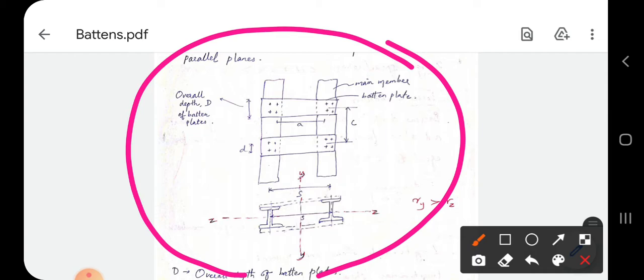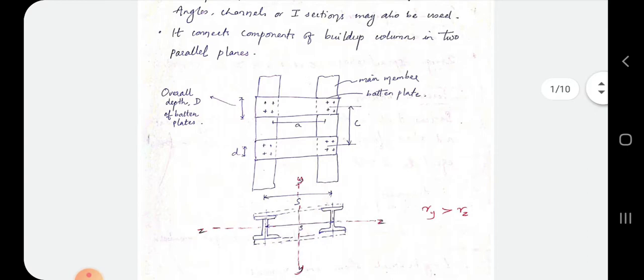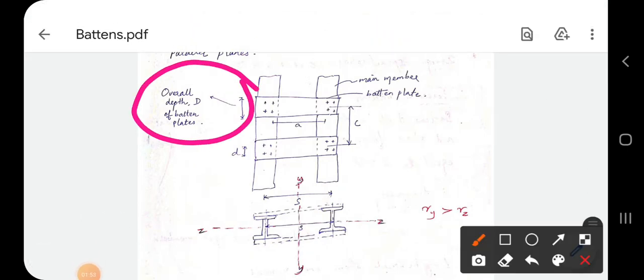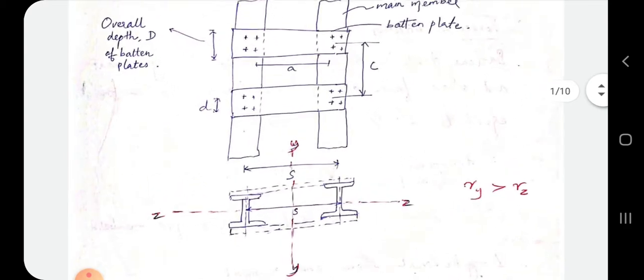There are some important terms in the batten column. The first one is the overall depth of the batten plates, which is represented by D. The next term is effective depth.